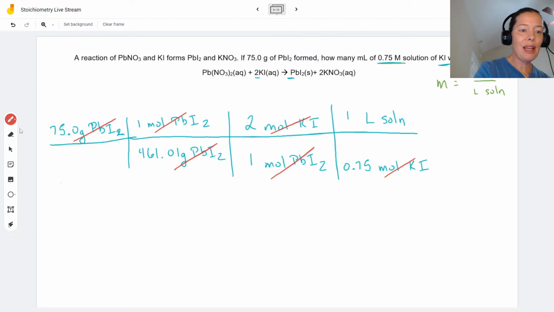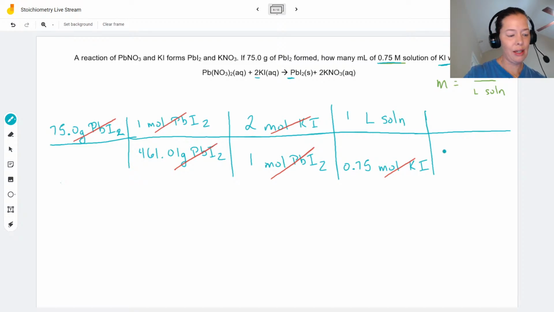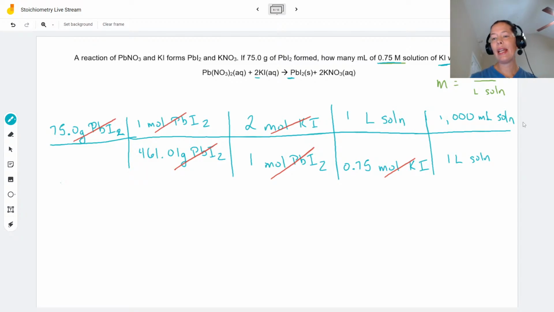So my last step is simply to convert from liters to milliliters. And I think I can even fit it all on this line. So in 1 liter of solution, there are 1,000 milliliters of solution. And again, I should be more specific here.